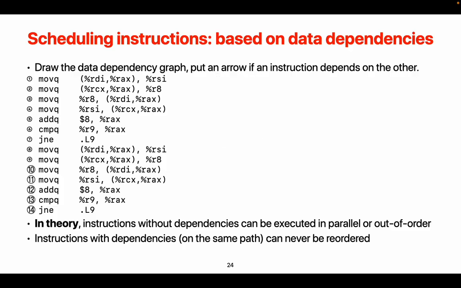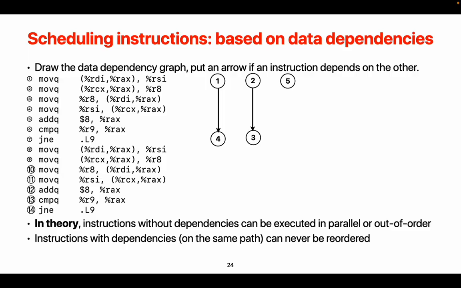So there is no data dependency for 5. But you might wonder, wait. Previously we said we cannot reorder them, right? So we will talk about that later. But here you should see this. In theory, 5 has no data dependency with previous ones.